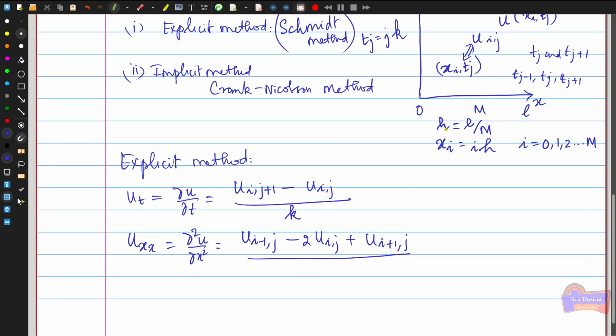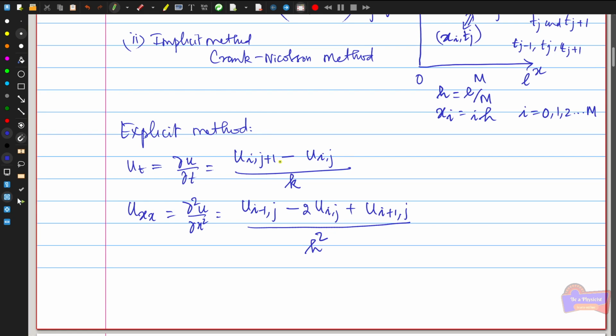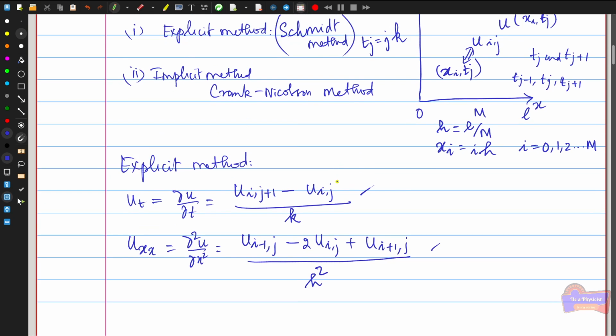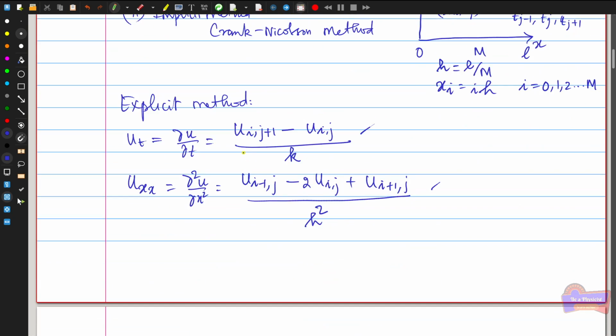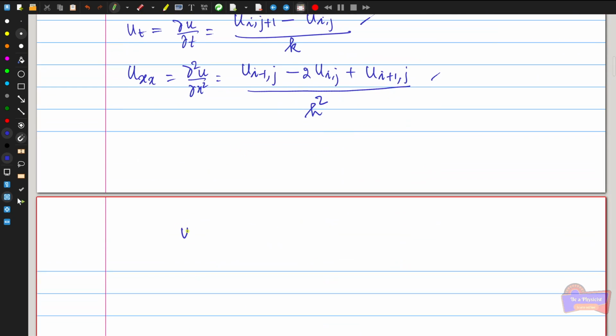Delta x varies with respect to h, so I can take it as h squared. These are the two expressions we are going to use to solve the heat conduction equation, u of t equals c squared into u of xx.